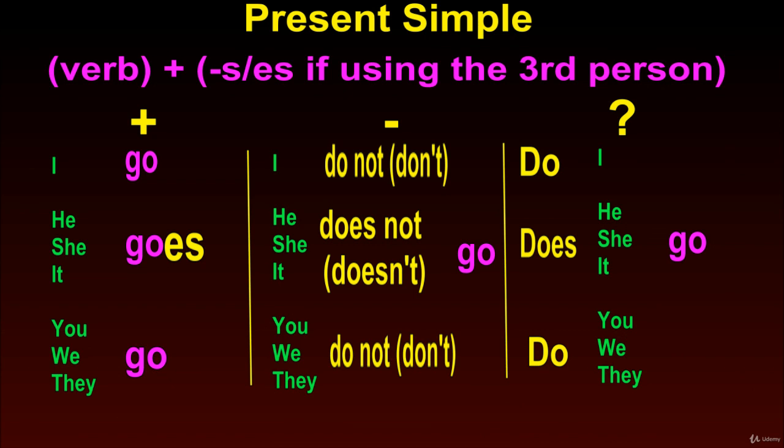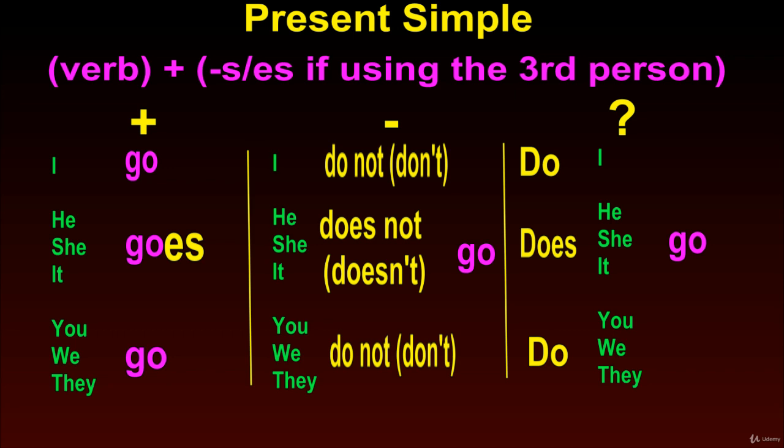And now let's study the formation of the sentences in the present simple tense. In most cases, you have just to use the verb in the base form. But if you have the pronouns he, she, it, that is the third person singular, you have to add ending s or es to the base form of the verb.